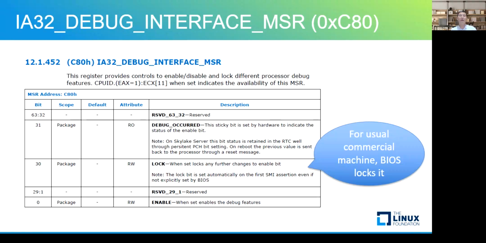That locks the feature. After it's locked, it cannot be turned on again without a power cycle. It means if it's turned off inside BIOS, there is no way to turn it on in the OS. That's why we usually need a customized firmware.